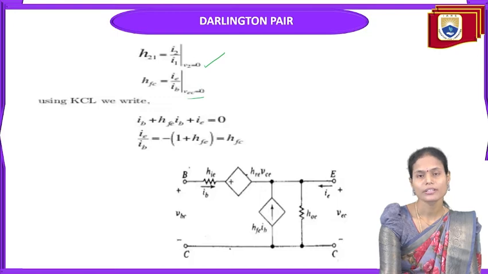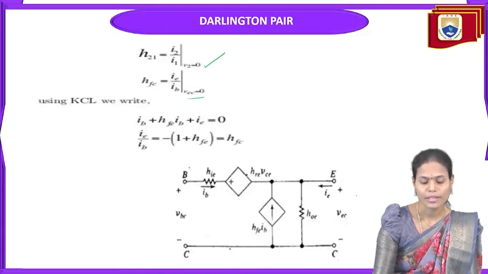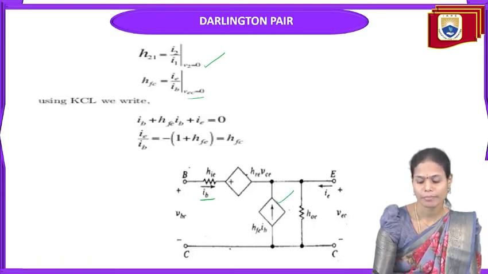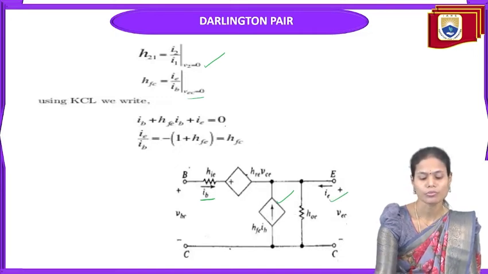So here we require the current again, so we are applying Kirchhoff's current law to the same equivalent circuit. If you apply KCL to this circuit, we will get this current IB plus this current HFE IB plus emitter current IE, that is equal to 0.